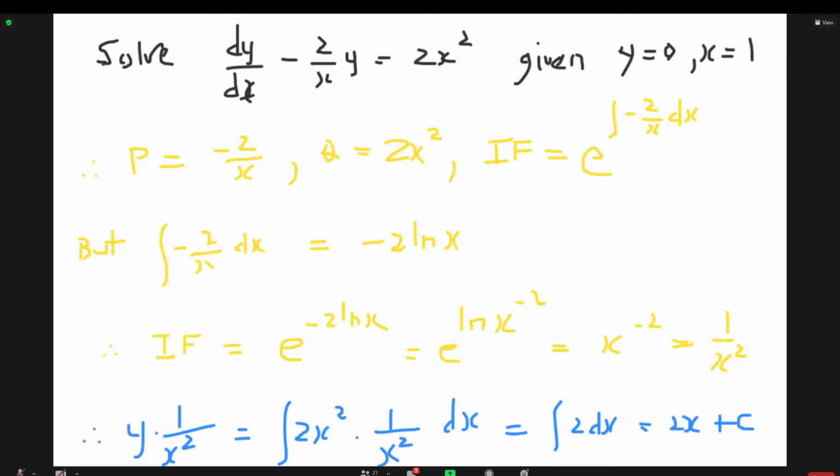So, right, we have to multiply everything by x squared.